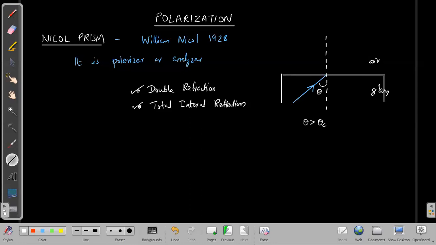All the light will get reflected. So this phenomena is called total internal reflection. There is no refraction at all.